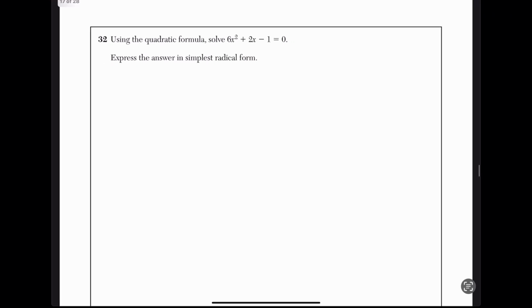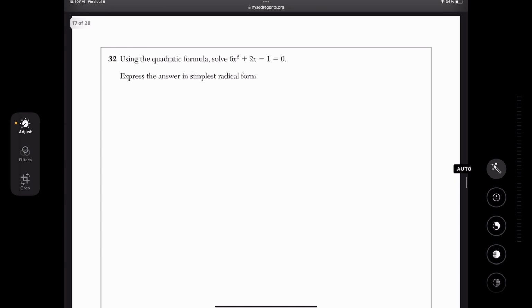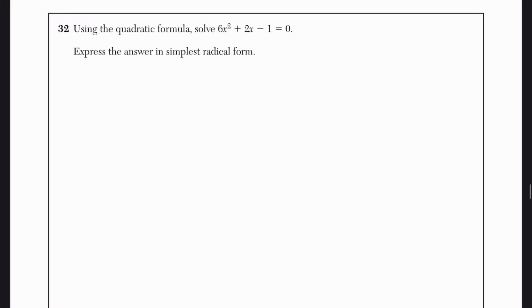All right. This is going to be a fun one, quadratic formula. But we have 4 more questions. Quadratic formula, make sure you go to your reference sheet. I'm not going to write it out, but it's going to be -b. Well, actually, the first thing I would do is label A, B, C. A is 6, B is 2, and C is -1.